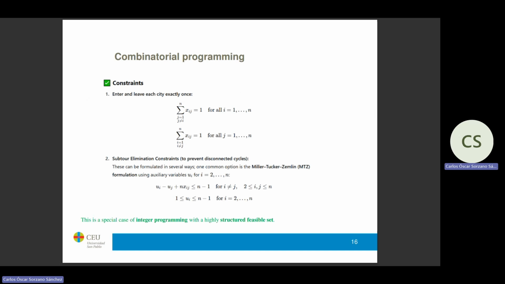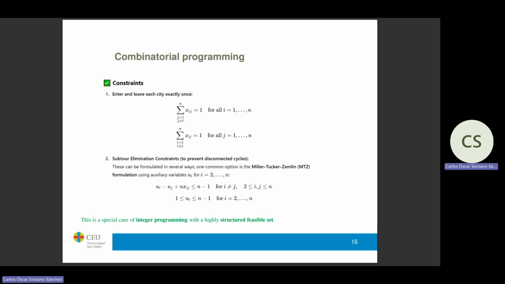Which are the constraints? The constraints are that you have to enter a city and leave a city only once. Leaving a city means that for all i's, the sum over j's has to be 1.